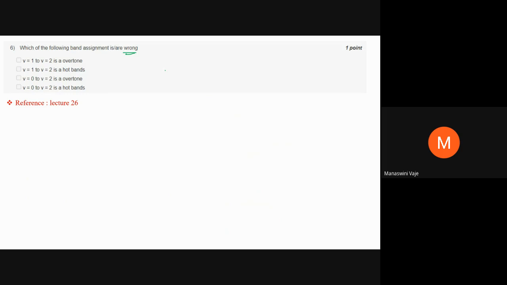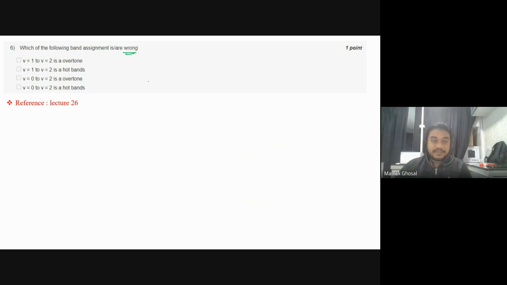Yes, exactly. So just briefly, overtone means transition from v equals 0 state to any state other than v equals 1. And a hot band refers to, suppose in this case, a transition from v equals 1 state to others.